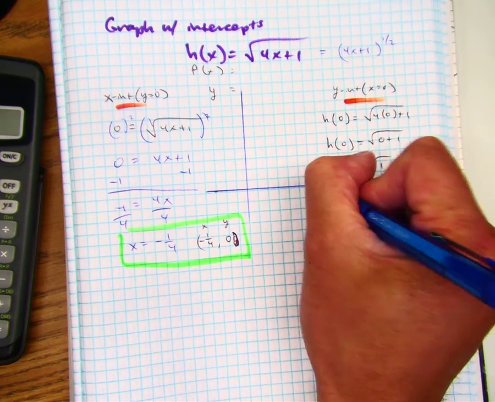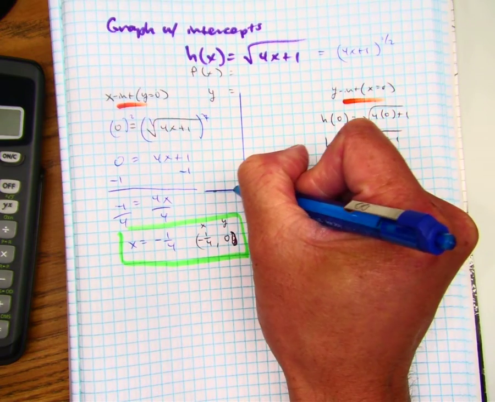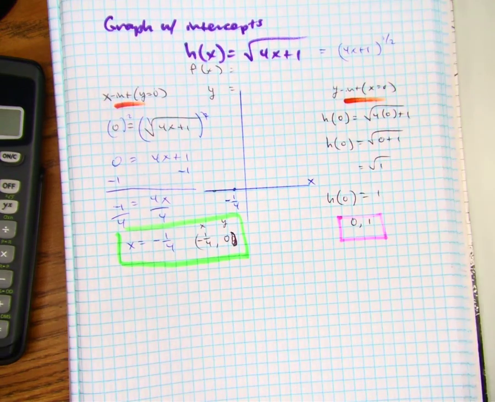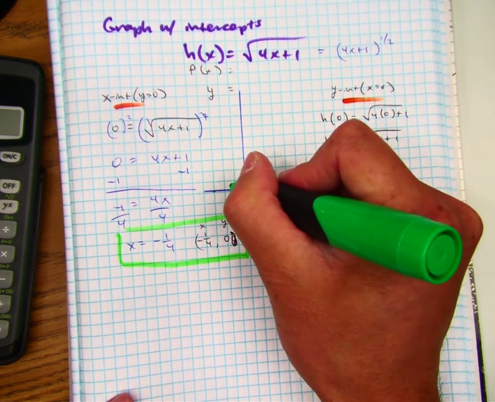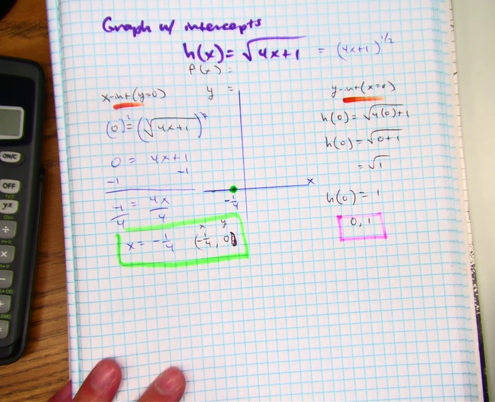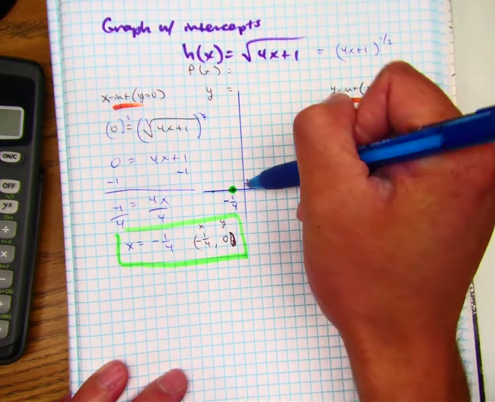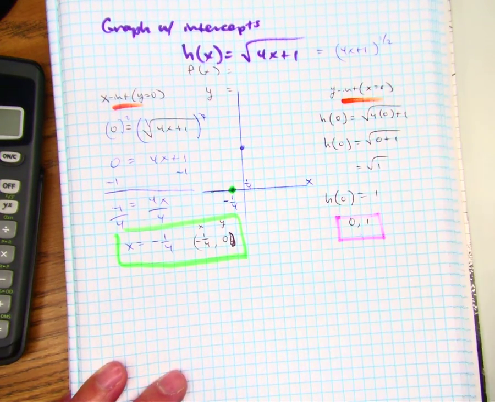On the x-axis, I'll count by fourths. So this is 1/4, so I'll call this negative 1/4. So that's the point we just found as our x-intercept. I'll count by fourths as well, going this direction. So then I have 0, 1/4, 2/4, 3/4, 4/4, or 1.